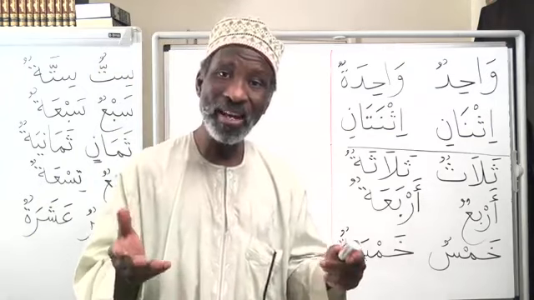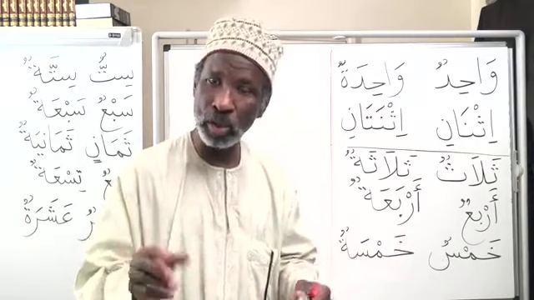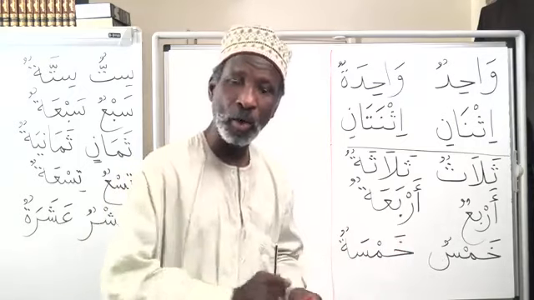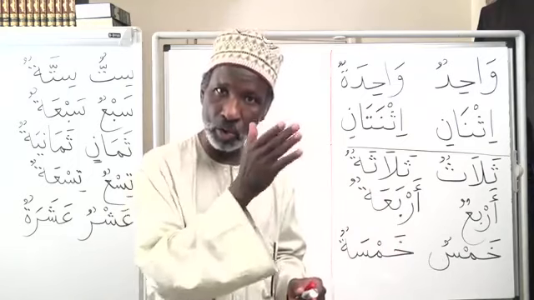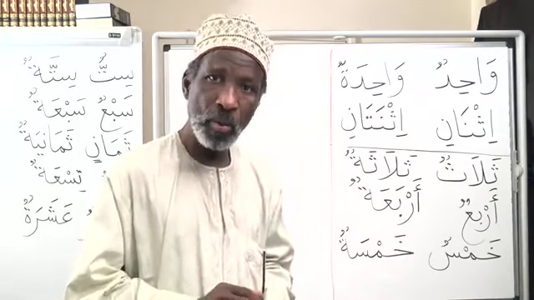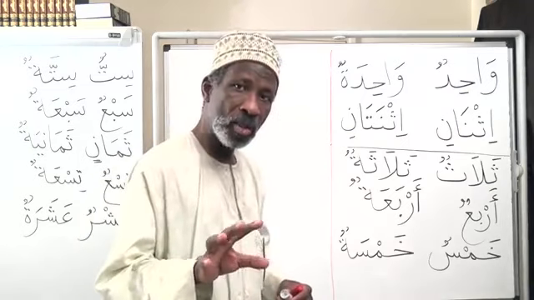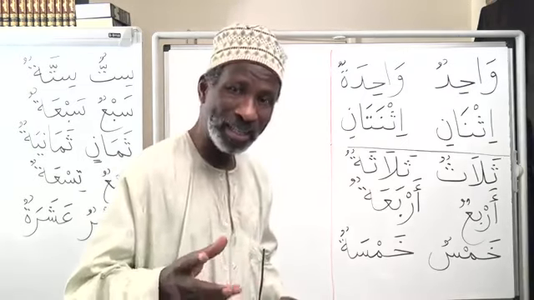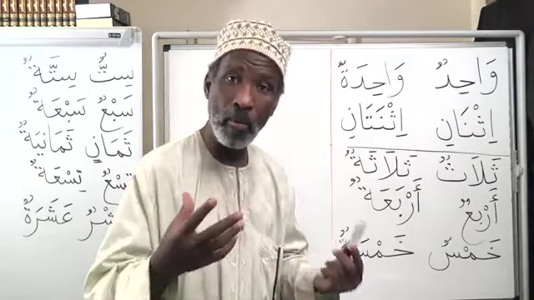We say 3 books. We know how to say 1 and 2 books. You say kitabun wahidun, kitabani ithnani, if you want to use number 1 and number 2. What about 3 books? The first thing you need to know the plural of book. Kitabun, that's 1 book. Kutubun is books.